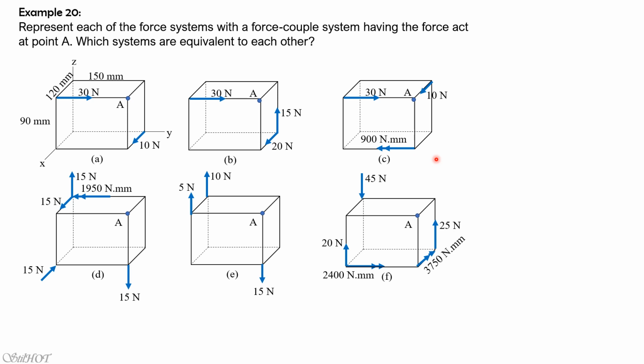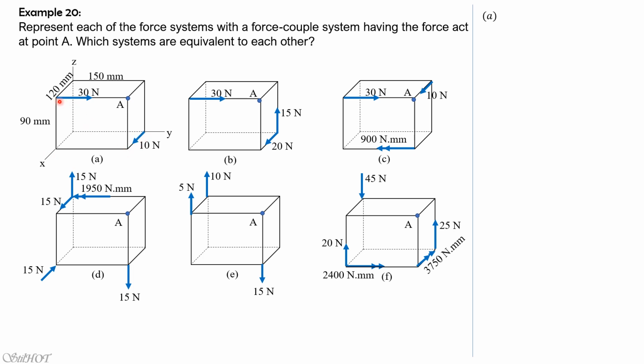resultant force acting at A and the resultant couple also acting at A. So for part A, at point A, we have two forces here. This is in the positive x direction, so in vector form, this is 10I.